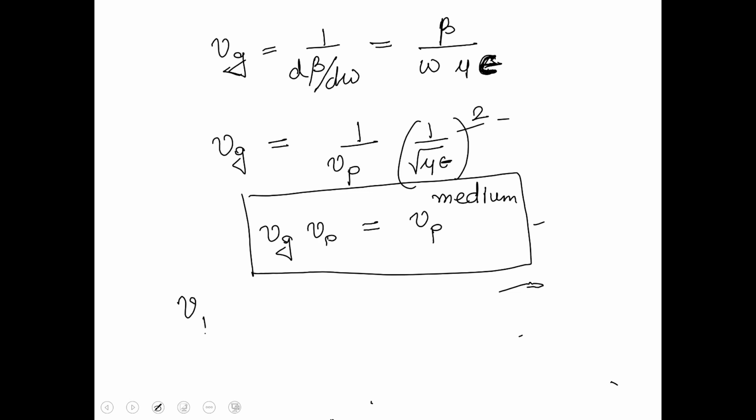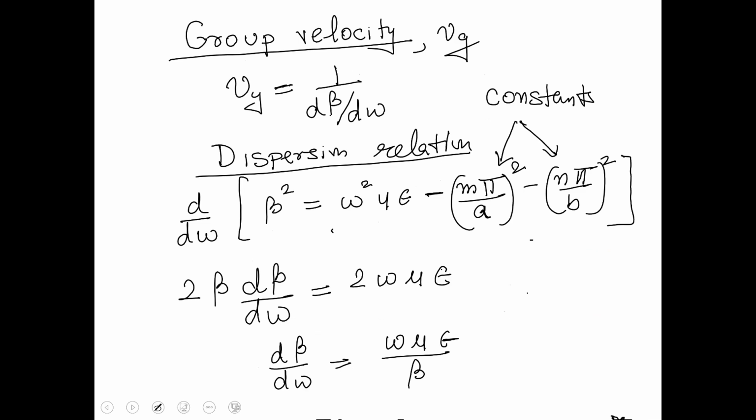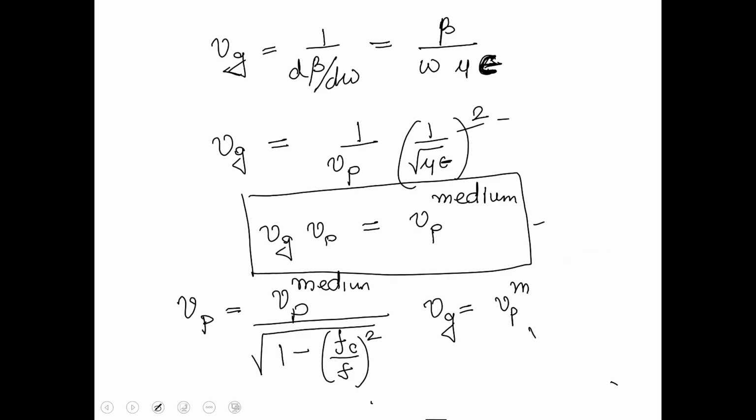V phase is going to be given by your V phase medium divided by square root of 1 minus cutoff frequency by the operating frequency square, and V group is going to be given by V phase medium multiplied by square root of 1 minus Fc by F square.